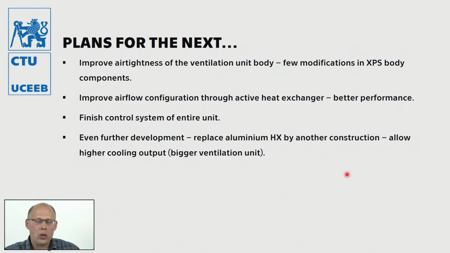During winter, we could heat the supply air, but during summer, we could cool it down. But it has some problems. For our further development, we need to improve air tightness of the entire construction. It's one step, and I think we could solve that quite easily, and it's already being done.